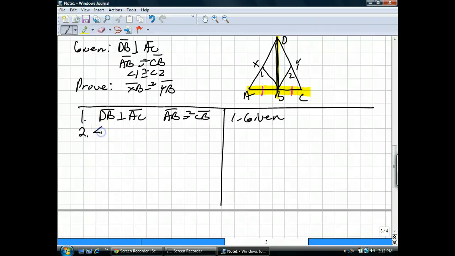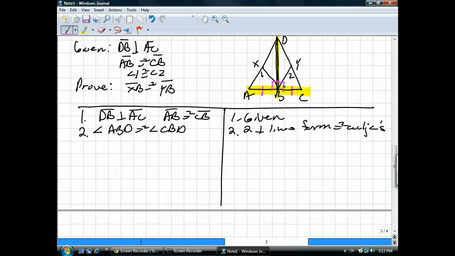So I can say angle ABD is congruent to angle CBD, because two perpendicular lines form congruent adjacent angles. Okay? So now I have this angle congruent to that angle.